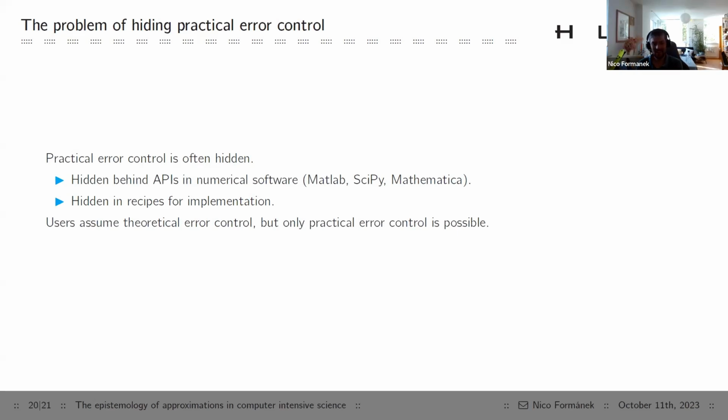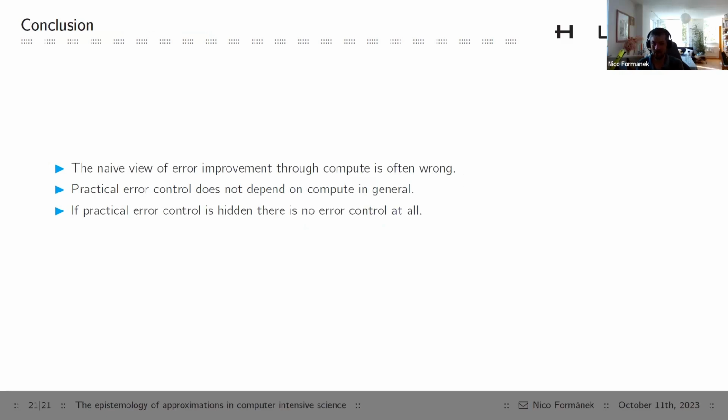Yeah. Okay. So we can go to the last slide. So I'll just conclude by saying this naive view of error improvement, the naive scaling through compute, is often wrong, although it's suggested in contemporary literature all over the place. Then the problem is that we have practical error control, and practical error control is decoupled from compute.